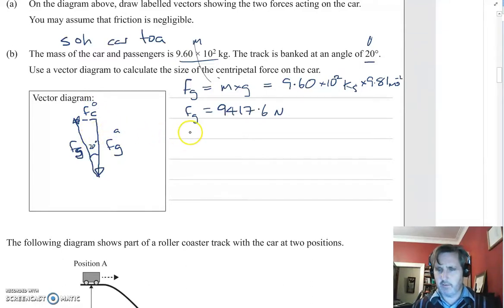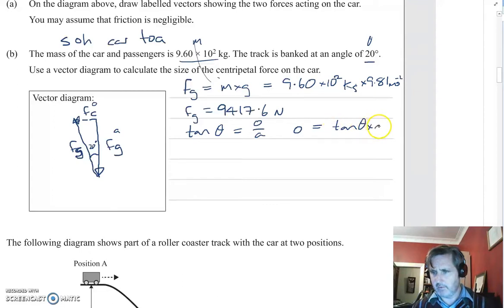So we're going to use TOA, or tan. We remember that tan theta equals opposite over adjacent, or opposite equals tan theta times adjacent. I just moved the adjacent that was at the bottom on the right hand side over to the left hand side, and it came onto the top of our expression.